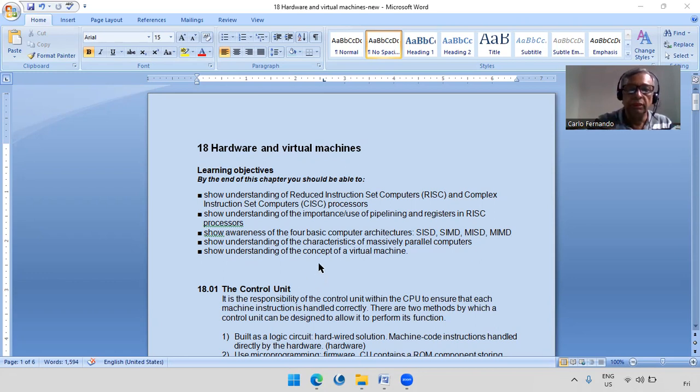Show understanding of the characteristics of massively parallel computers. Very interesting. They are called server farms, also coming under that. Google, it's a very large server farm. And understand the concept of a virtual machine. Virtual machine. Not real, but almost real.